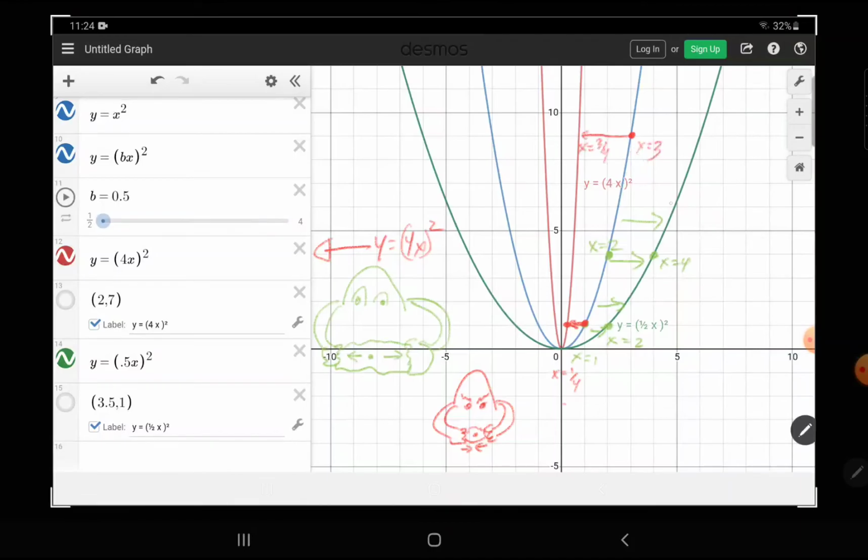Okay, so in essence, what you're seeing here is that if you have your, let's say your original function was f of x equals x squared, but then you changed it so that there was a 4x in there. So if you have a (4x) squared in there, you kind of want to say, how do I make this go back to my original statement, right? How do I get that value to be the same as the x?